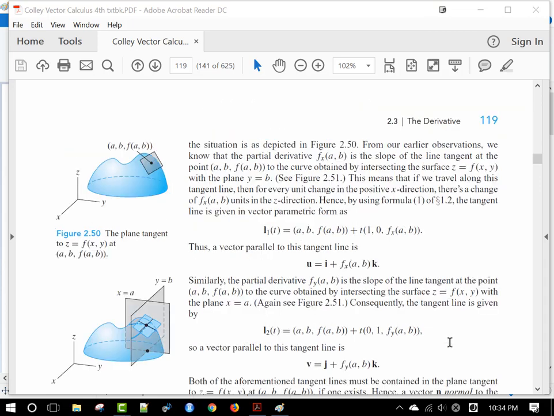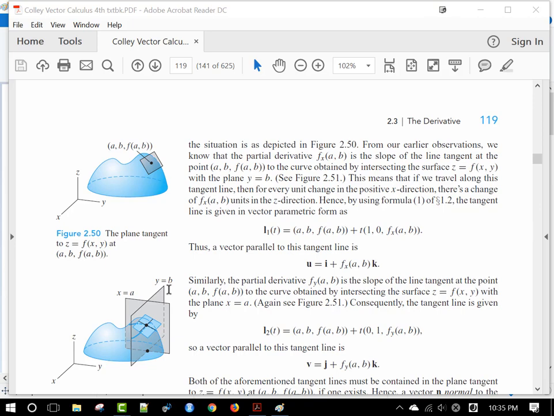So geometrically, the situation is depicted like this. We're going to try and answer that step by step. We're talking about a plane at this point, and this is the surface, and we're going to cut this surface with the plane y equals b, and we did that before when we were talking about partial derivatives.